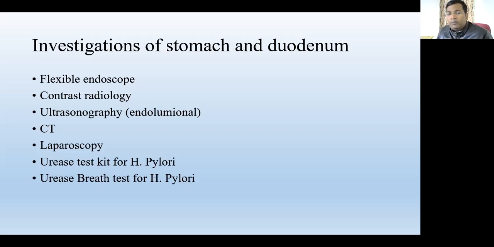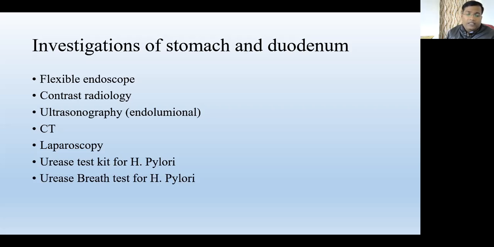So when H pylori is present and urea is there, it breaks the urea and liberates ammonia. If you take the gastric mucosa that may contain H pylori and keep it in the packet where the urea is, H pylori converts the urea and liberates ammonia. So that confirms the presence of H pylori.